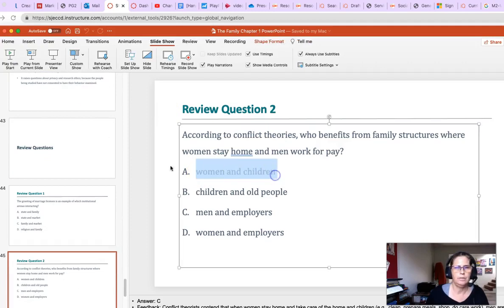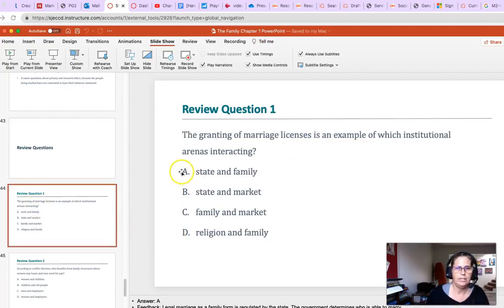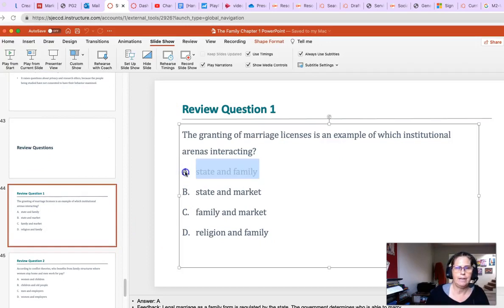Question 1. Answer is A, this is the state and family. The video that we saw in the module specifically talked about how the state gives people who are married a lot of rights and duties and responsibilities.